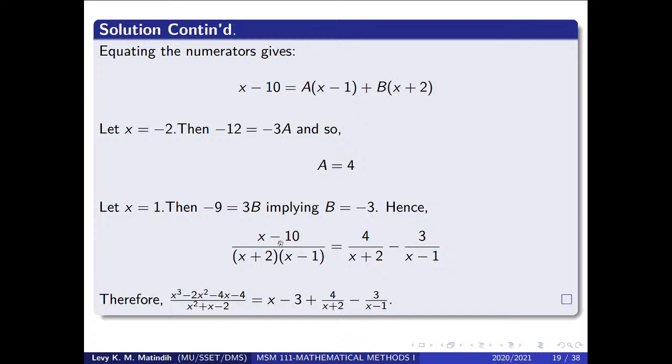But then x minus 10 divided by x plus 2 multiplied by x minus 1, we replace it with 4 divided by x plus 2 minus 3 over x minus 1. So when we replace it there, we have expressed the rational function with the numerator greater than the denominator into partial fractions. Then the example is done.